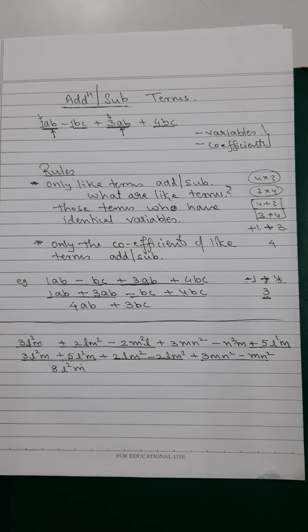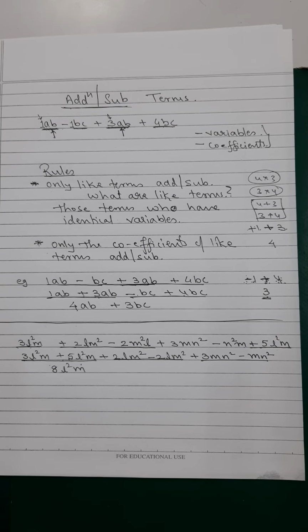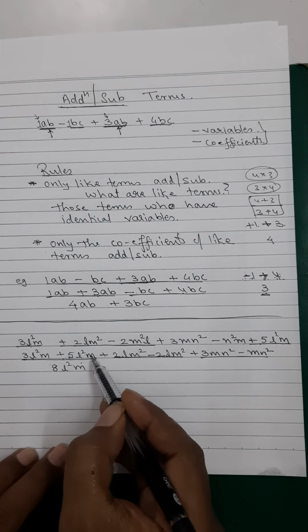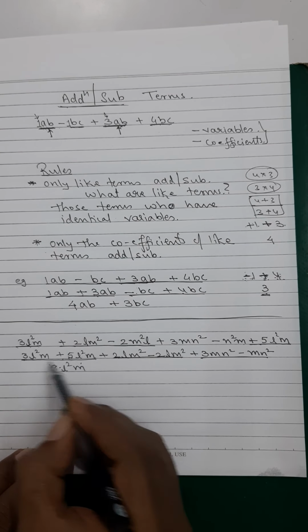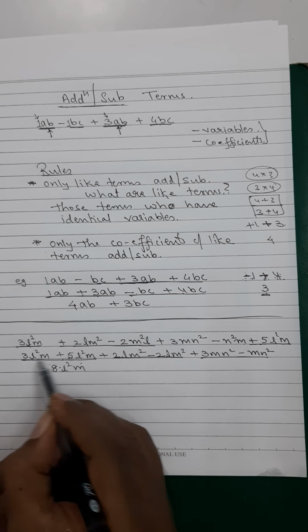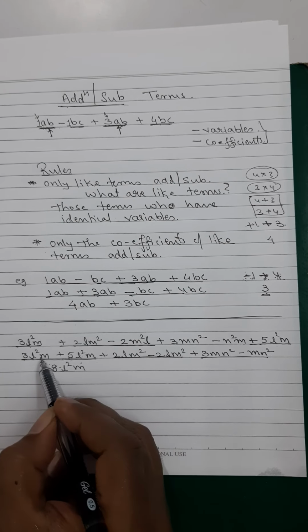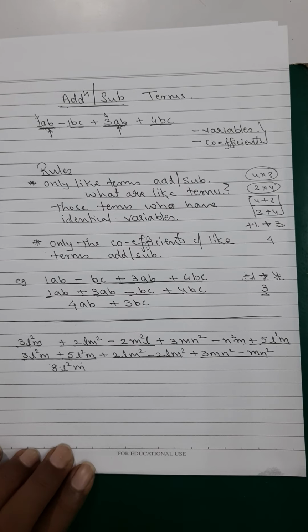If variables are the same, that means the terms are like terms. Variables will decide whether the operation is possible or not, but during the actual operation, variables don't take part. It is only the coefficients who add and subtract. Poor coefficients, they do all the hard work, and the variables just come and sit over there without undergoing any change.